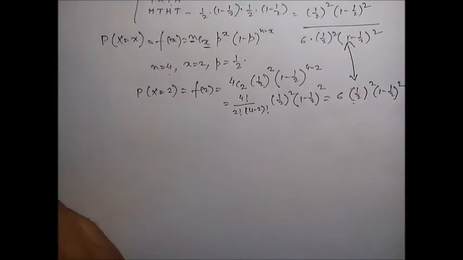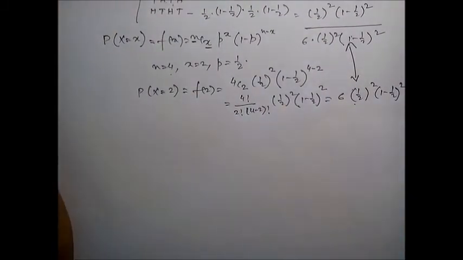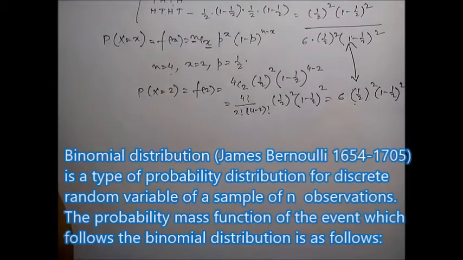Now, what is binomial distribution? Binomial distribution is a type of probability distribution for a discrete random variable of a sample of n observations.